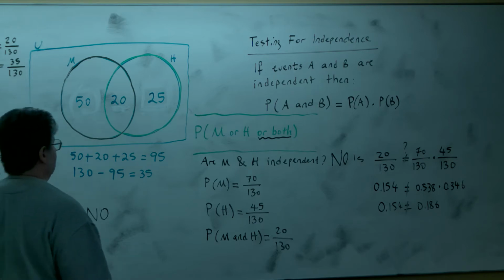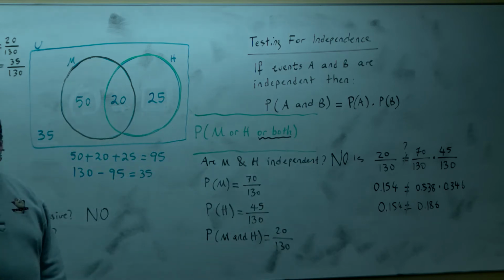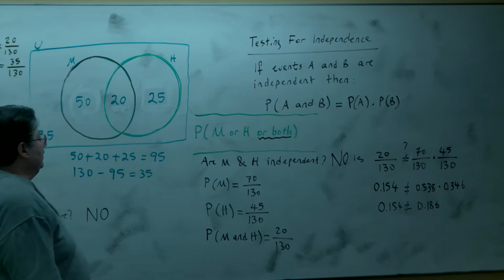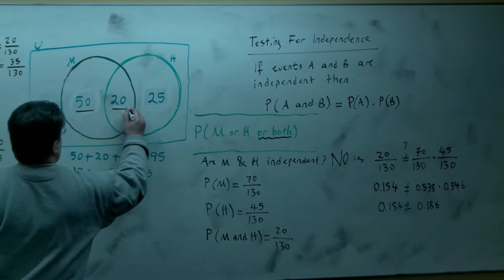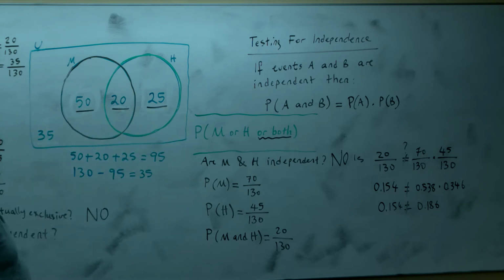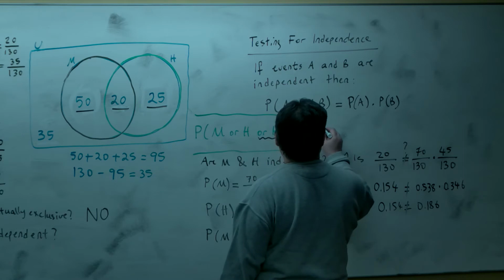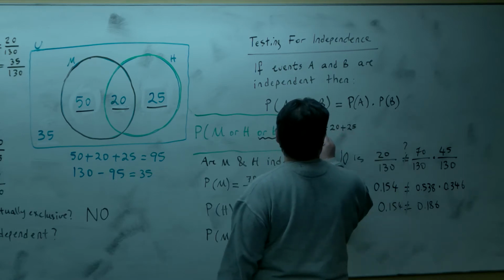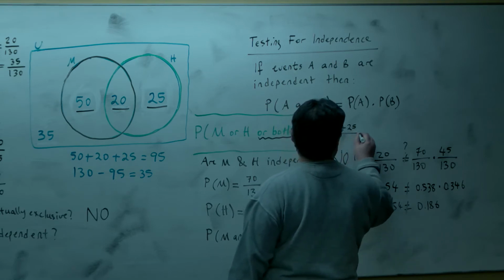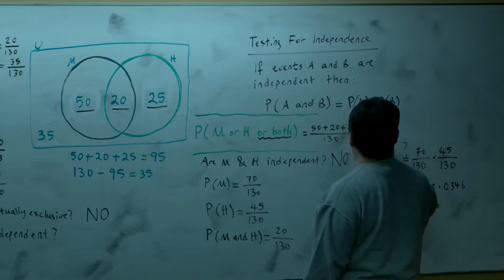But I will still give you, just to be clear. So what is the probability of taking math or history or both? We are interested in these three things now. Make sense? So this is equal to 50 plus 20 plus 25 divided by 130. And that's equal to 95 divided by 130.